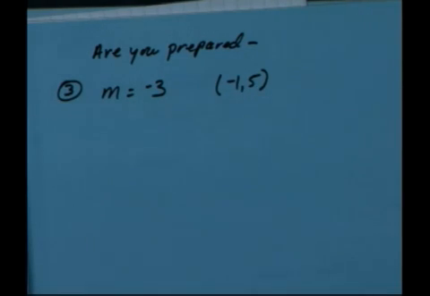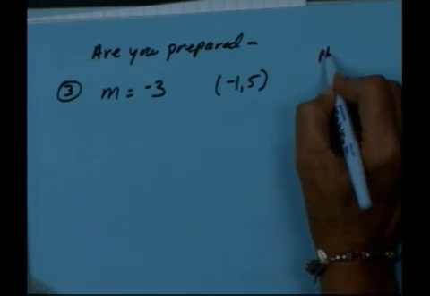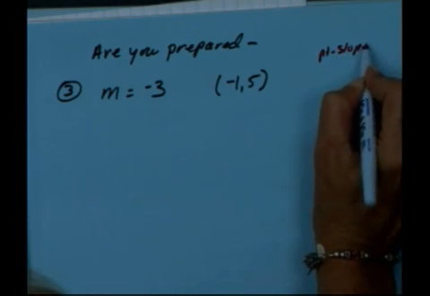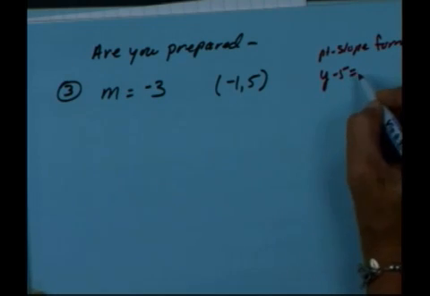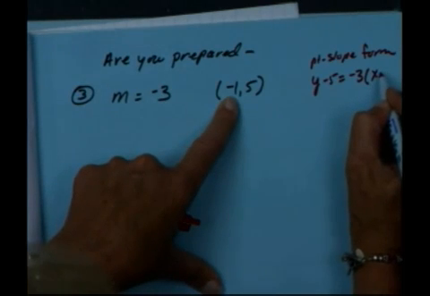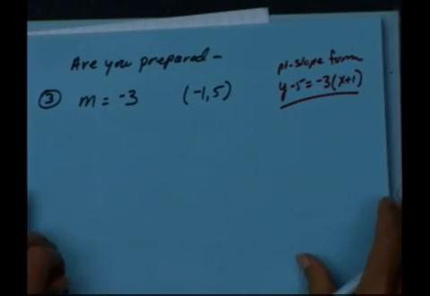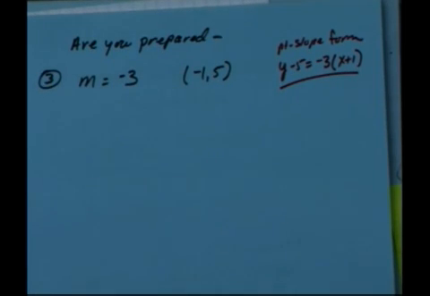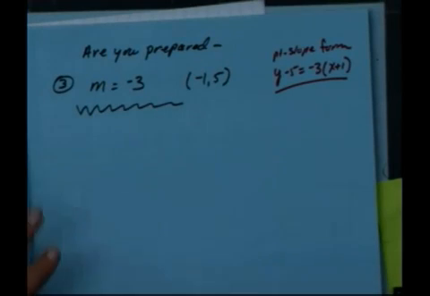And the direction my brain went was a very easy point-slope form, which is y minus the y coordinate equals the slope times x minus the -1. And that's an equation of a line that's perfectly great because the problem didn't say it had to be in any particular form.